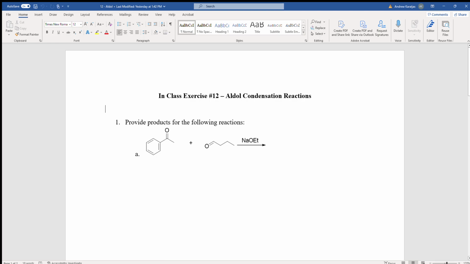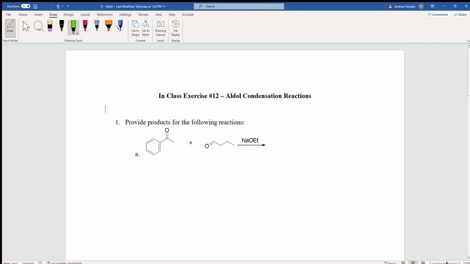From there, once we've made that determination, we then want to be able to figure out reliably what's the product from one of these reactions. And in general, the product that forms is going to have a new double bond, and that new double bond is going to form from the enolate carbon to the electrophile carbon.